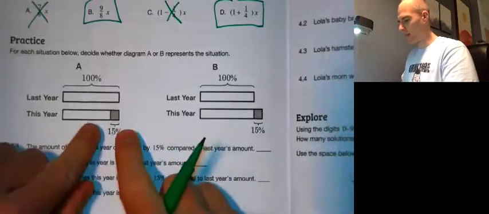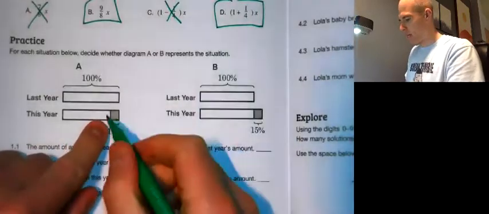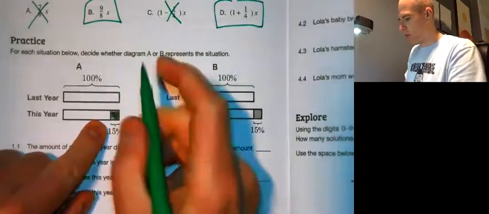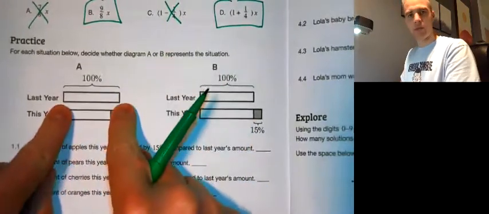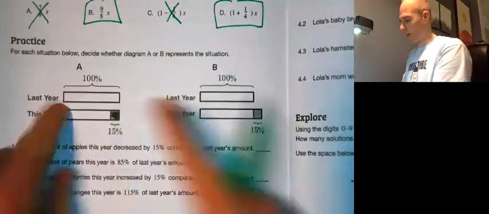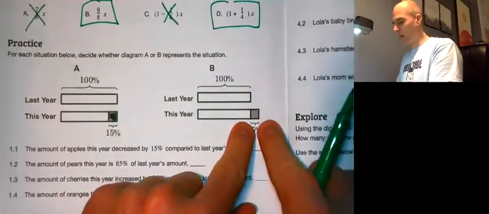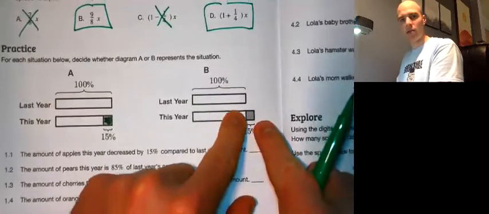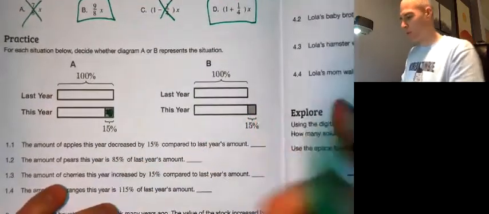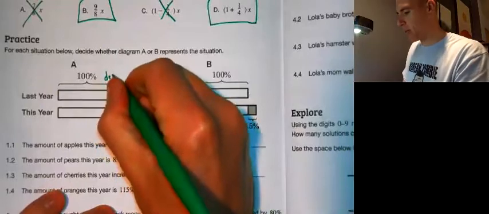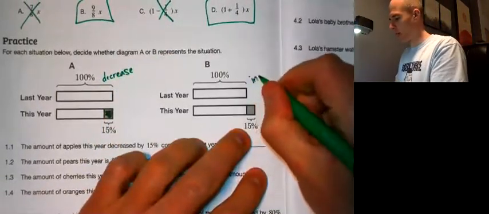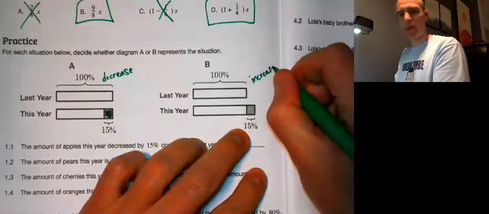Okay, so I look at diagram A, and the 15% here looks like it's being reduced off the total length of 100% from the previous year. Whereas over here in diagram B, it looks like the 15% is being added on beyond the original 100% from last year. So this one is essentially going to be my decrease diagram. And this one is going to be my increase diagram.